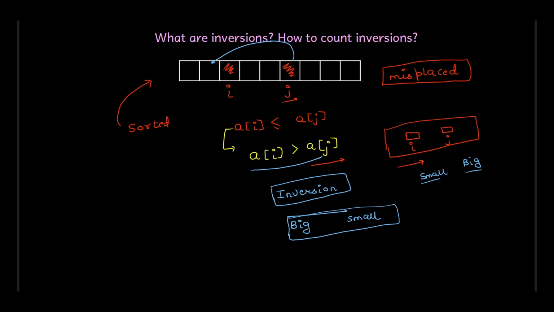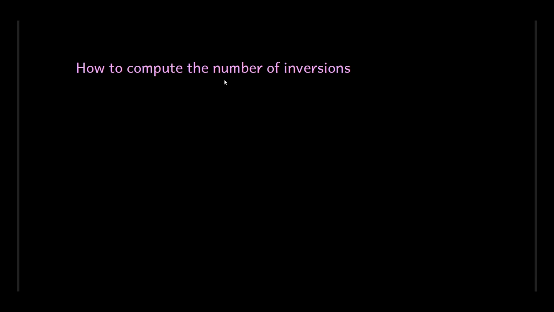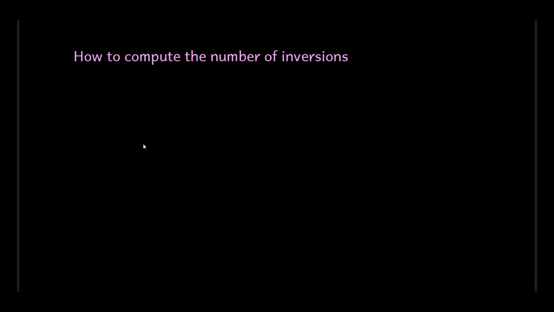So how do you compute the number of inversions? Let's look at a very simple algorithm to do that. How can we do this?